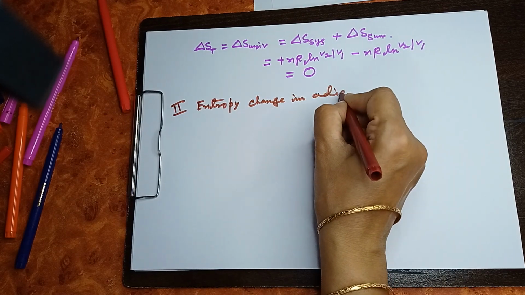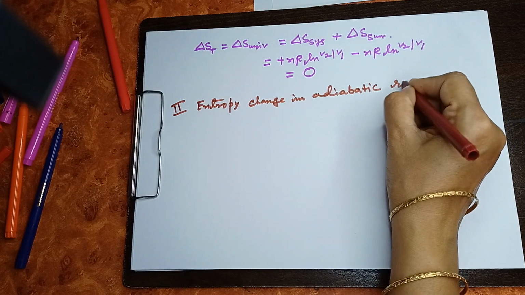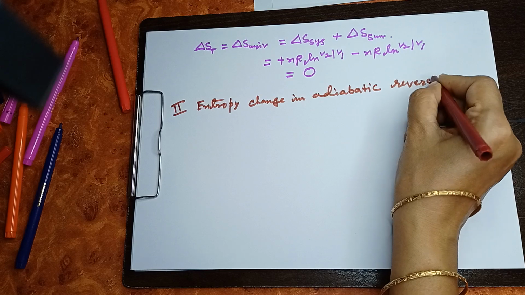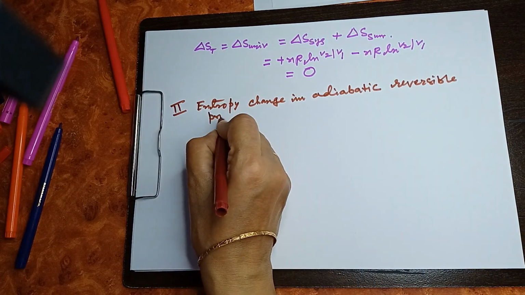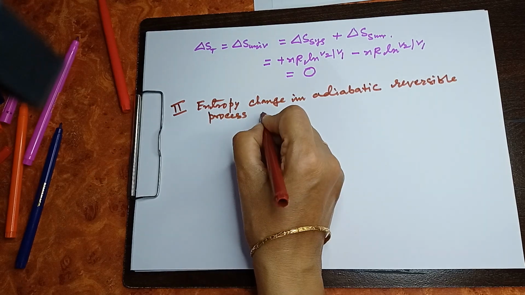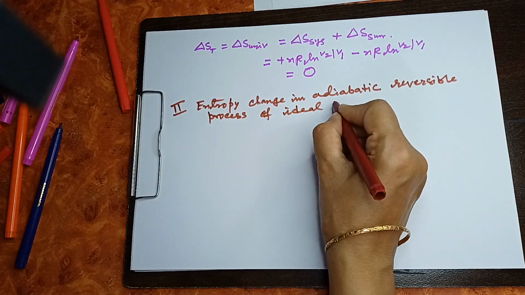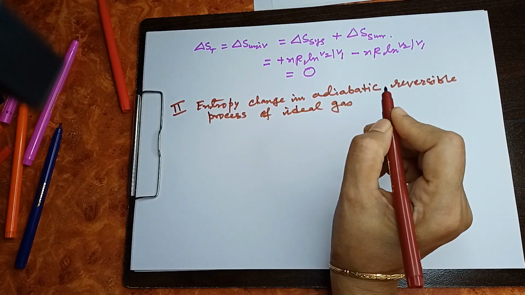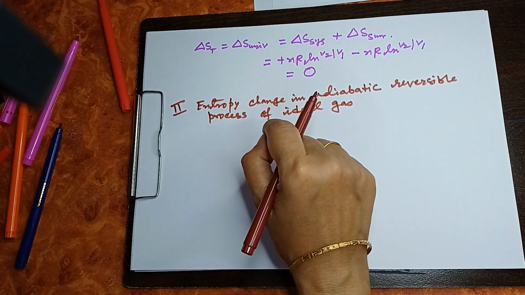Now coming to the second one, entropy change in adiabatic reversible process of ideal gas. Adiabatic means system is completely insulated.